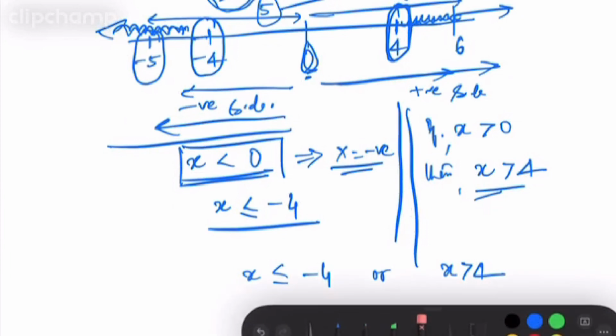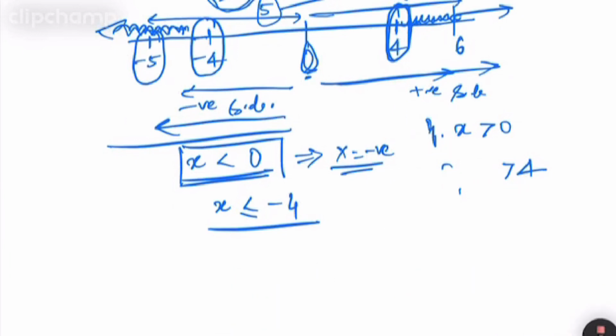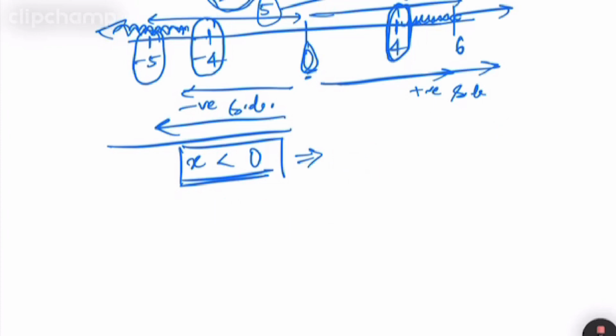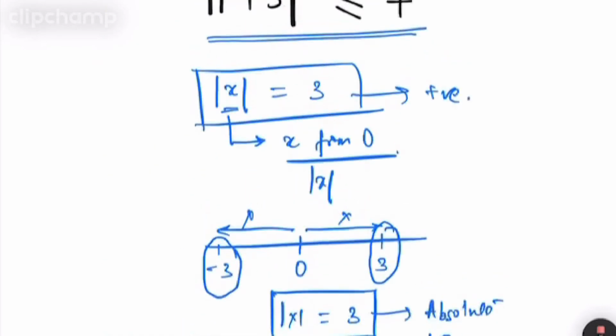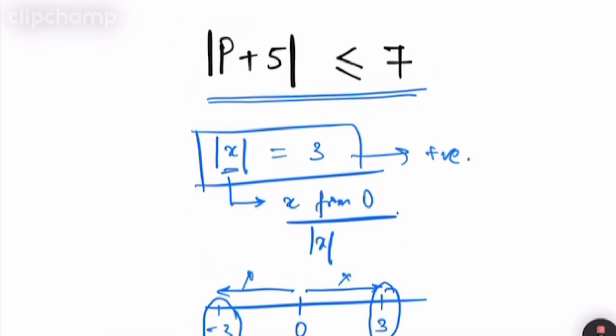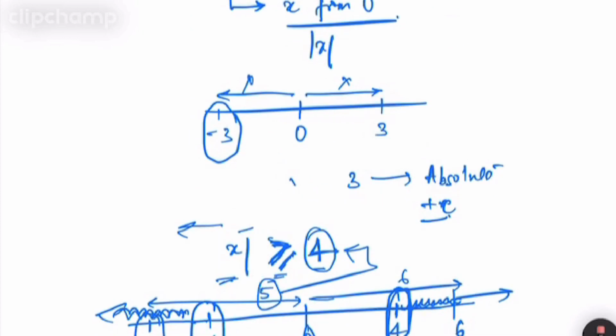So let's go back to our question, and in the question we will see how even a difficult problem of the given scale, that is this one, mod of p plus 5 is less than or equal to 7, can be solved in just one step.